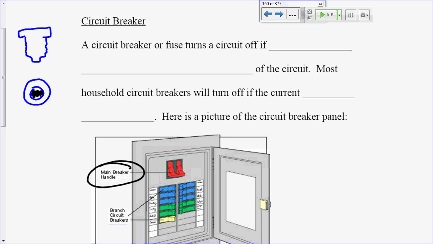All right. So a circuit breaker or a fuse turns off a circuit if the current exceeds the safe capacity of the circuit.